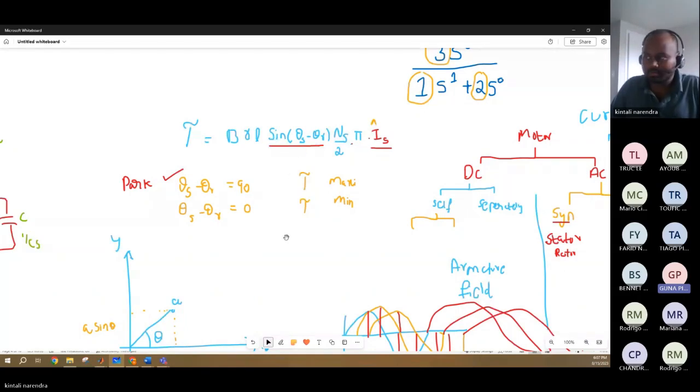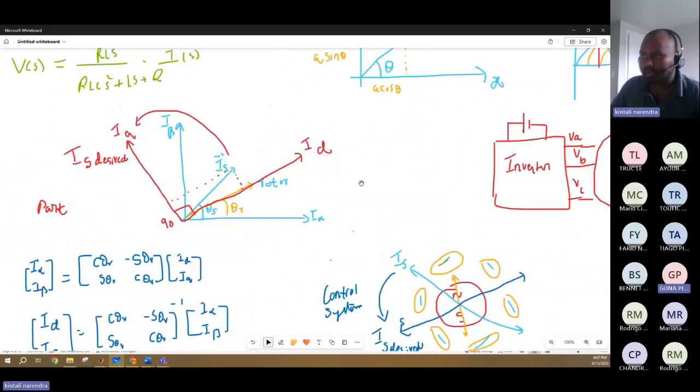If you go back to that picture, if you simply rotate the IS by just theta r, it's not going to be 90 degrees.